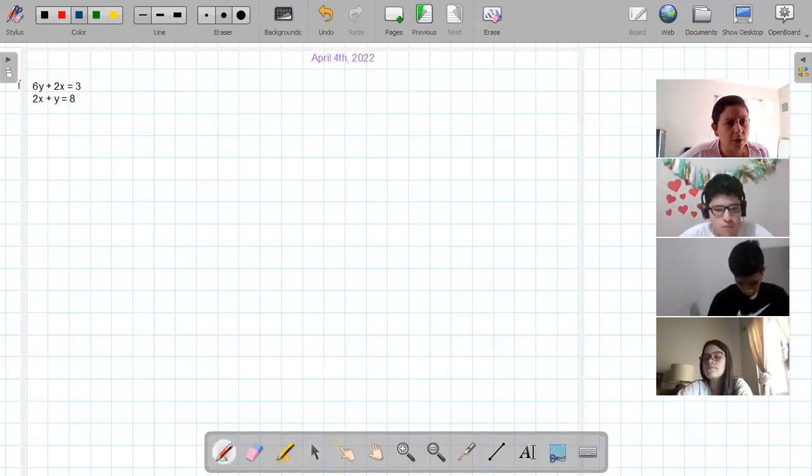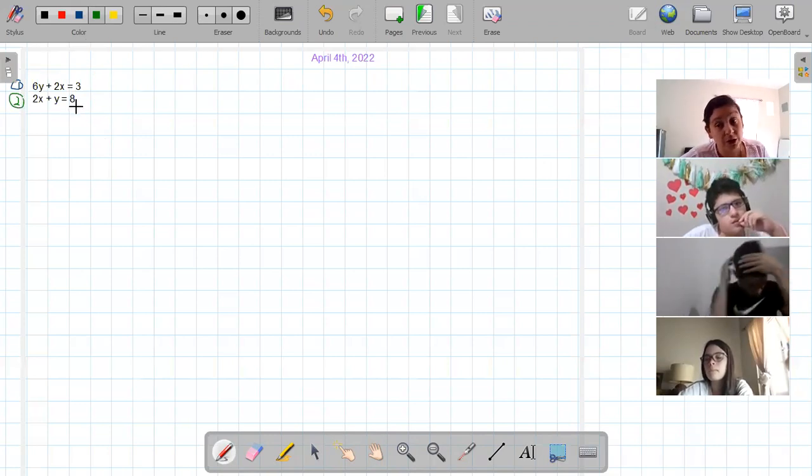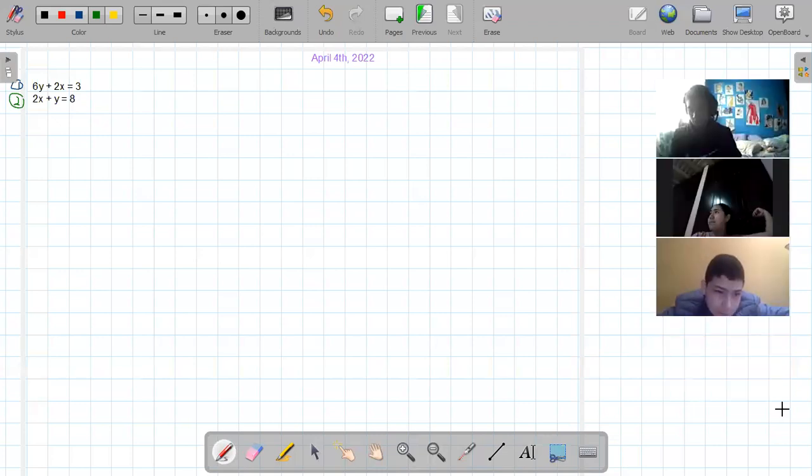We always call one equation 1 and the other equation 2. Let's see which variable in which equation is easier to leave completely alone on one side and positive.